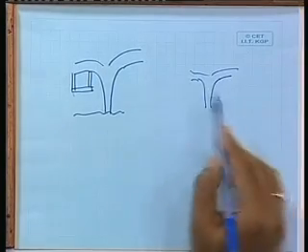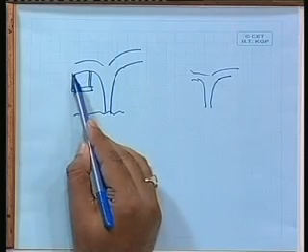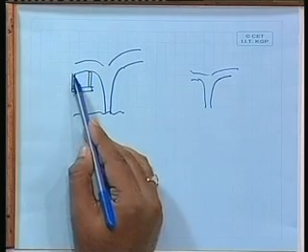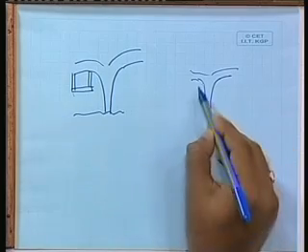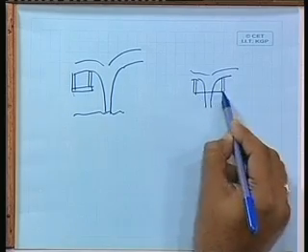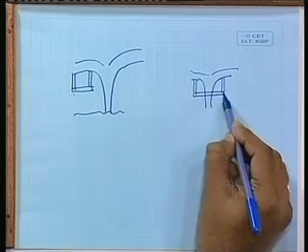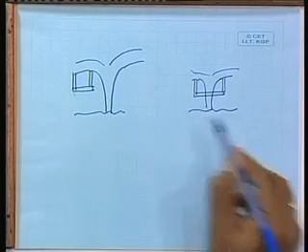Actually, the tree was not very big, so when they tried to put it on this side of the branch, they found that the branch is not strong, so it could not be done. So, they did it like this. So, this is how they put the swing.